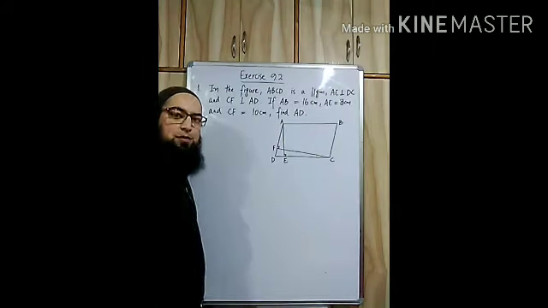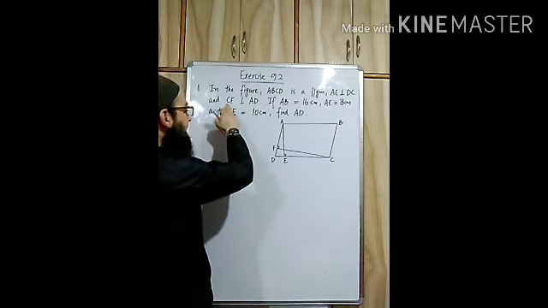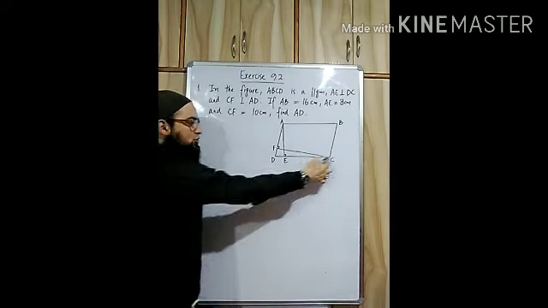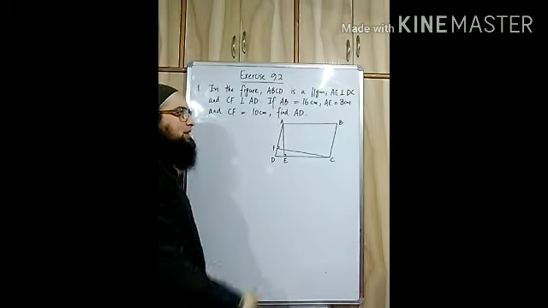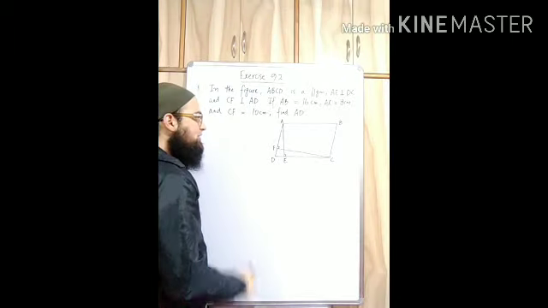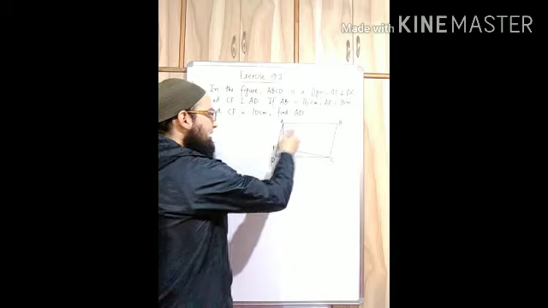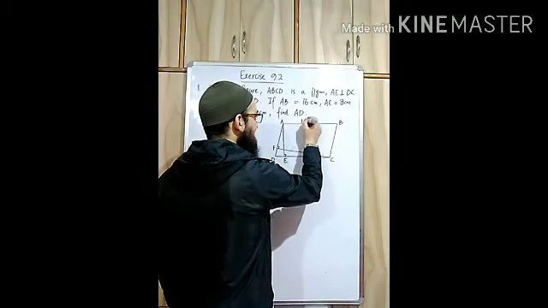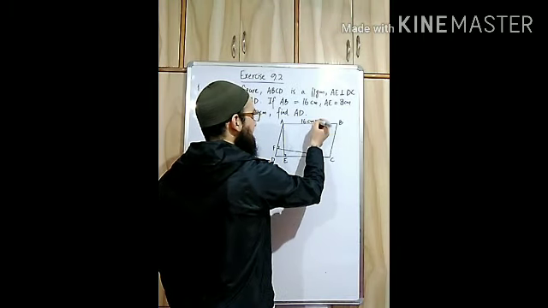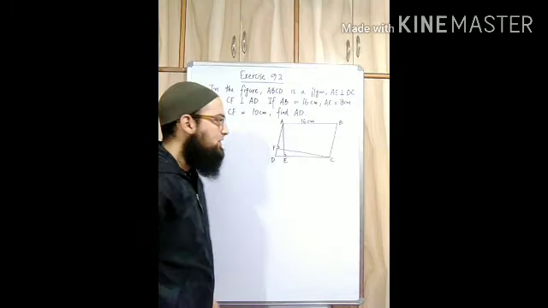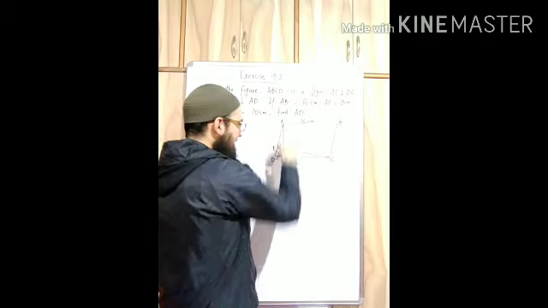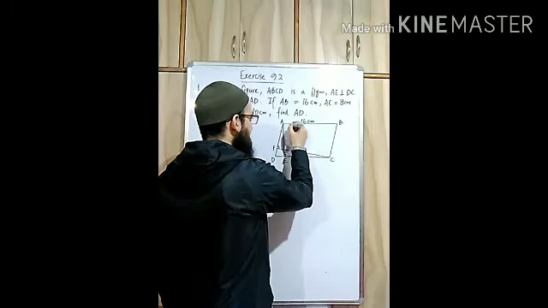And CF is perpendicular to AD. If AB is equal to 16 centimeter, this thing is 16 centimeter. AE is equal to 8 centimeter, AE, this much, is 8 centimeter.